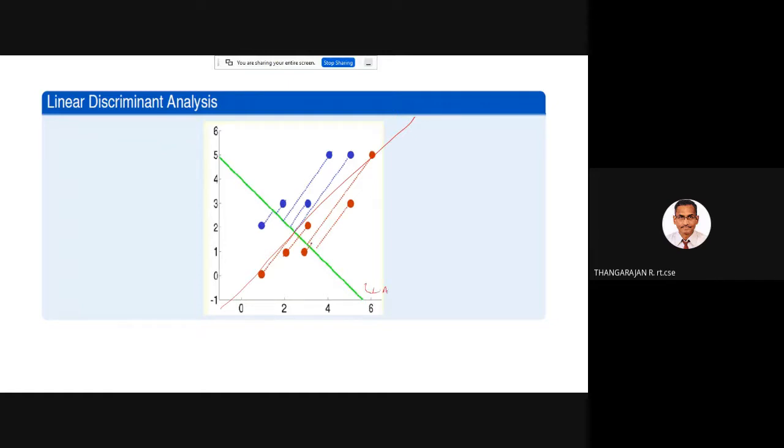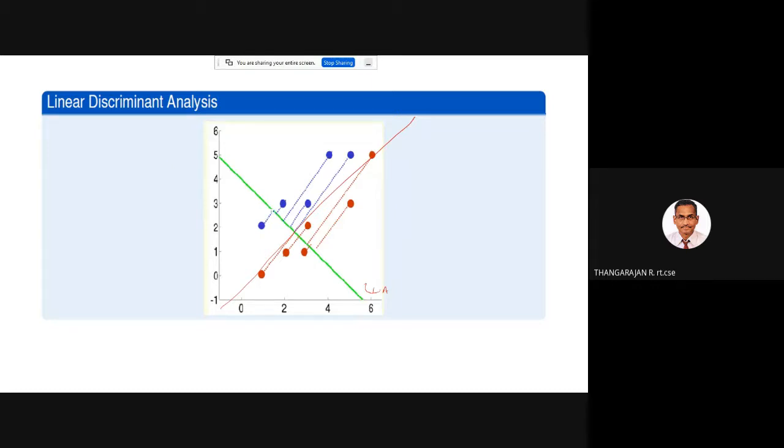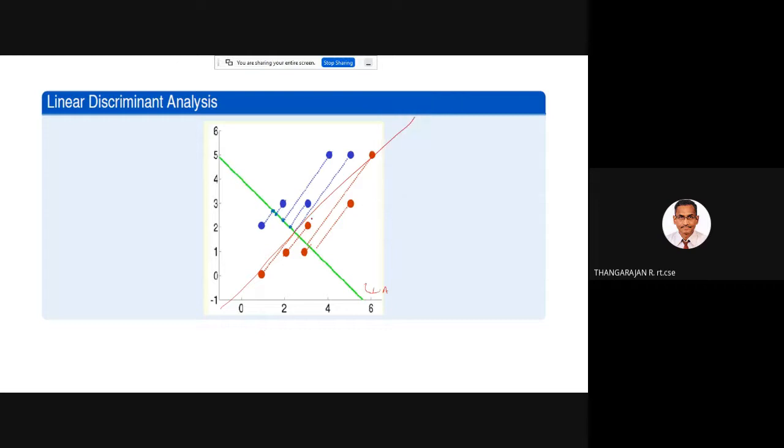So when you project onto it, the blue ones will fall here and the red ones are here.